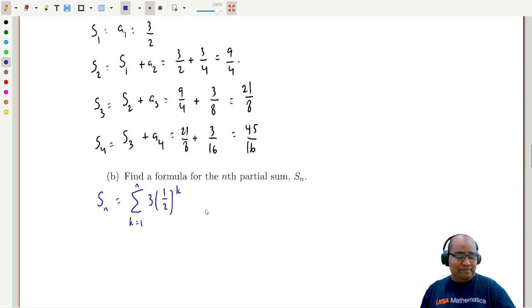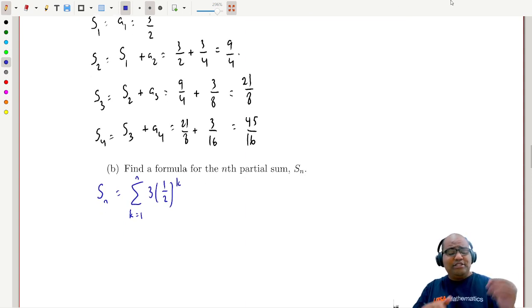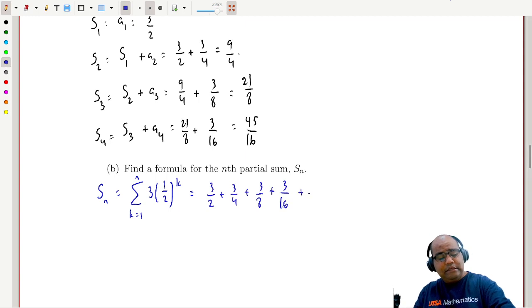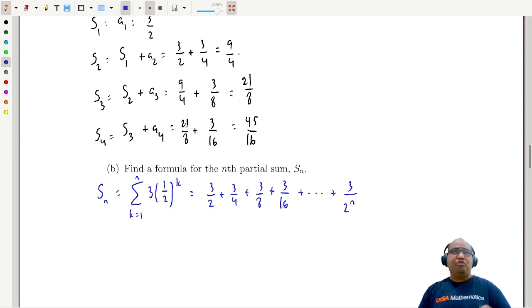I'm allowed to do that. Okay, well, let's go ahead and write out what this actually is. When we expand this, we have 3 over 2 plus 3 over 4 plus 3 over 8 plus 3 over 16. Okay, and we continue all the way to when k equals n. That's going to be 3 over 2 to the n. I'm just going to go ahead and keep it like that.